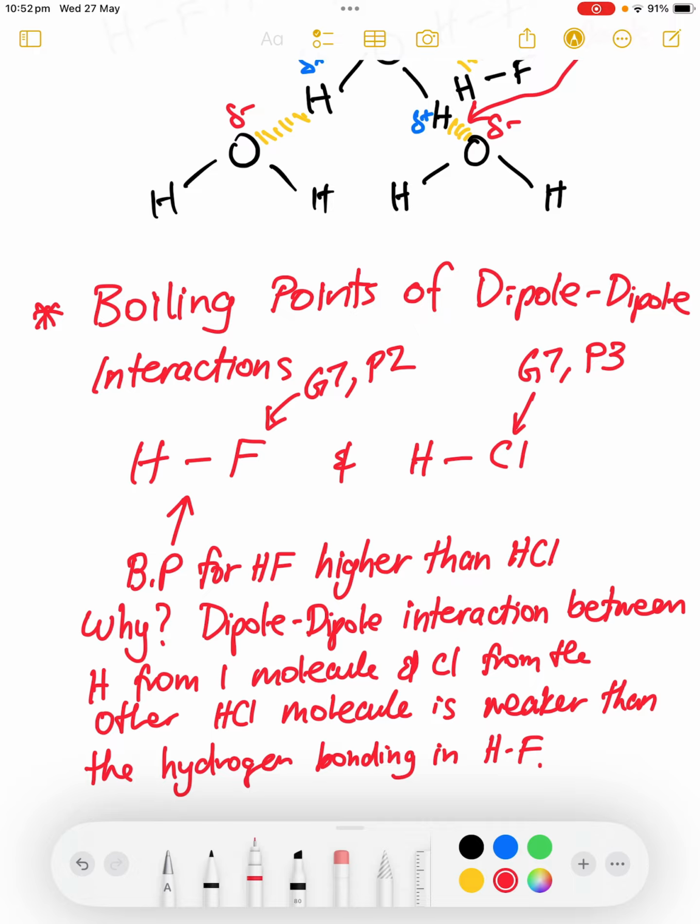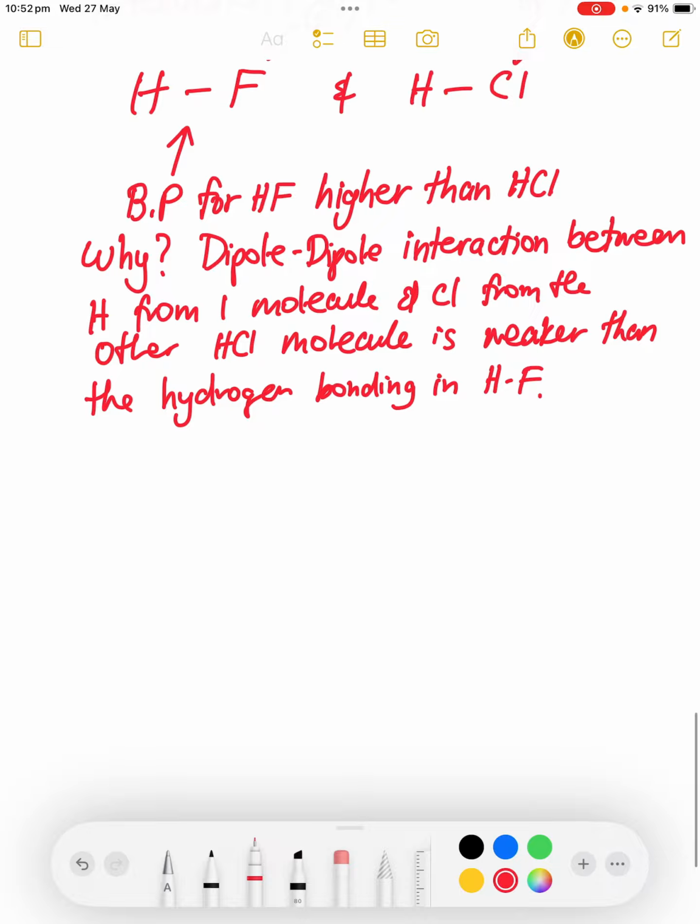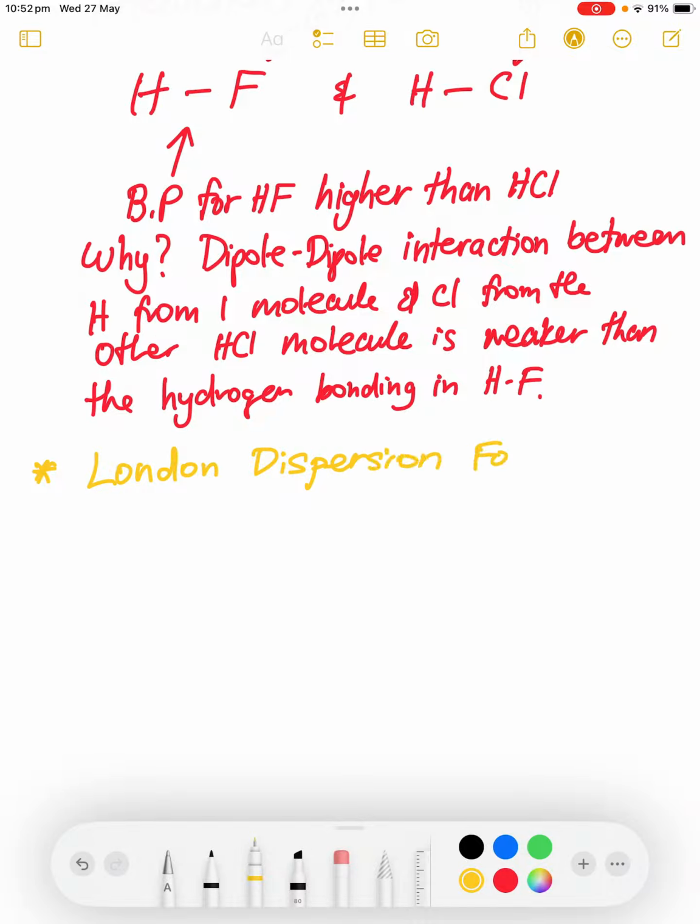All right, the last one that we looked at a little bit earlier are London dispersion forces. I don't mind if you just call them dispersion forces. Now, this is the weakest. This type of secondary interaction really exists between non-polar molecules.